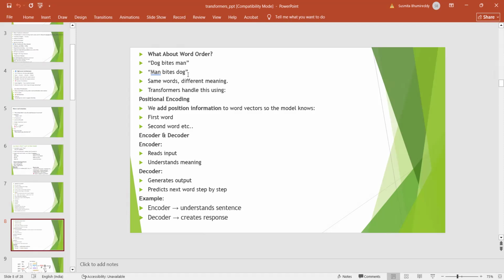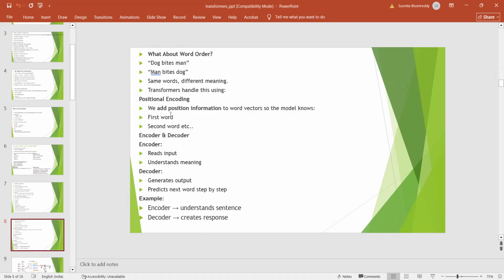So for this we need to give an order for each word. We need to give an order for the first word, for the second word, and for the third word also. Giving an order for each word is known as positional encoding.